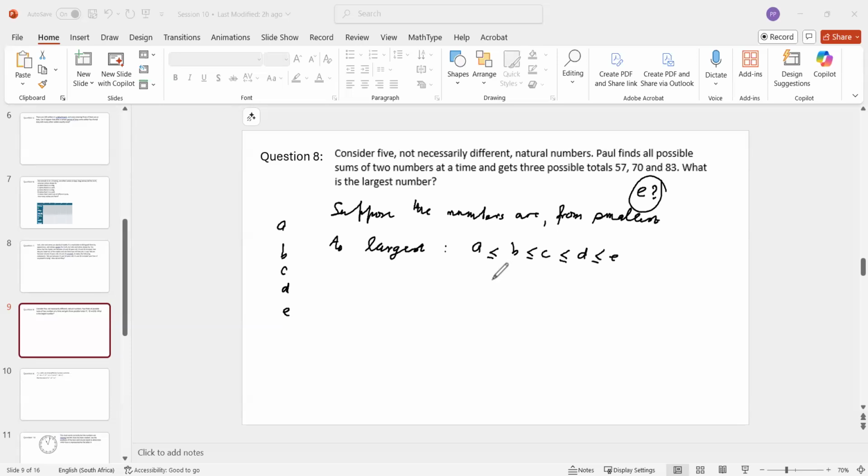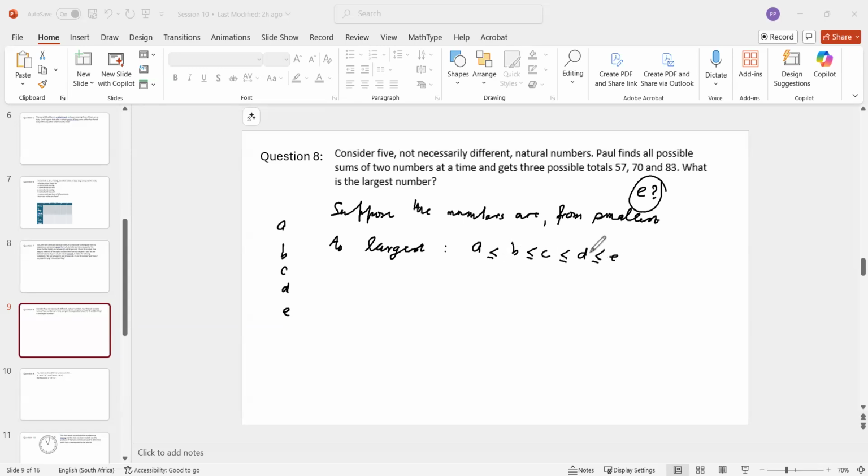Okay, now this is quite interesting. Now, 83 here is the largest possible sum.